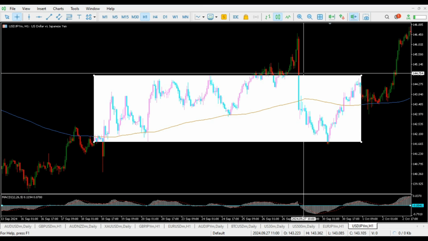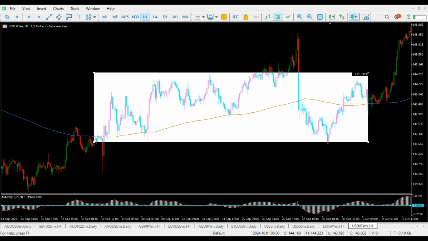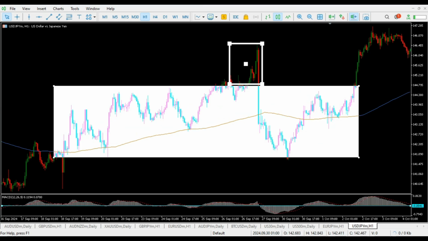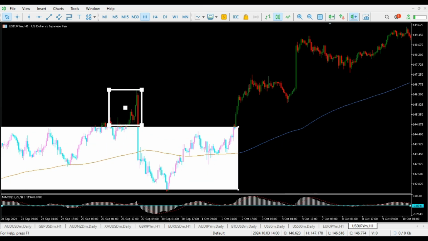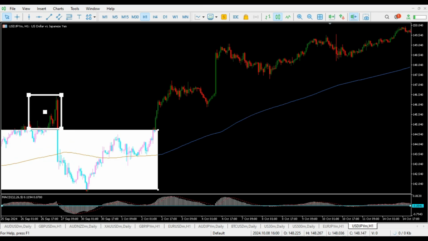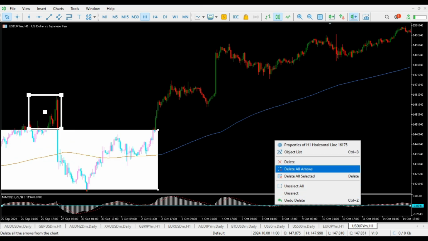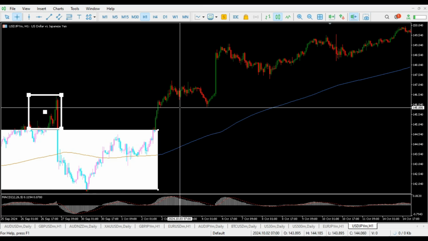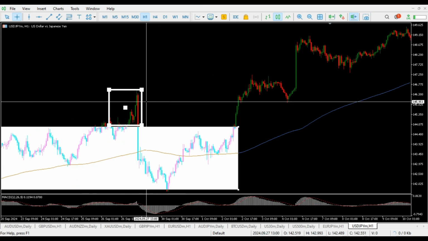So in this scenario, price first created a fake breakout. Let me highlight it here, a fake breakout here. Price created a fake breakout here, which was fake. You didn't need to be here. You were not supposed to be here. But then lately, price broke out of the ranging zone.